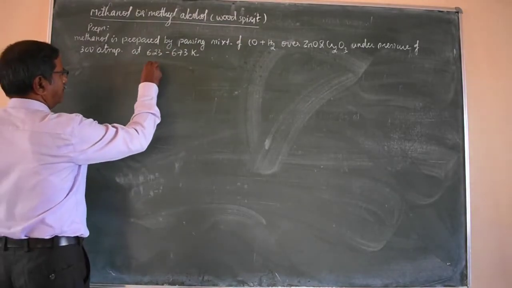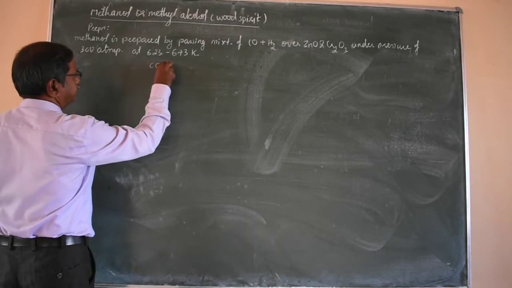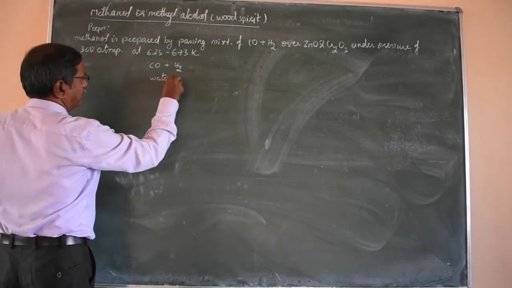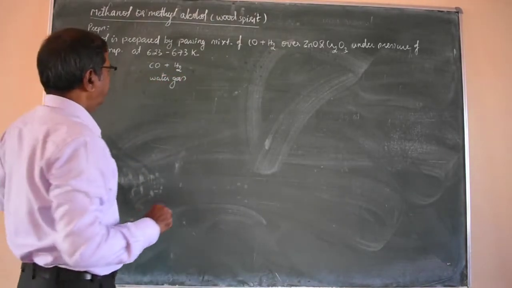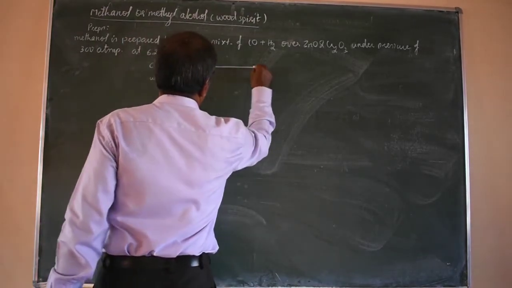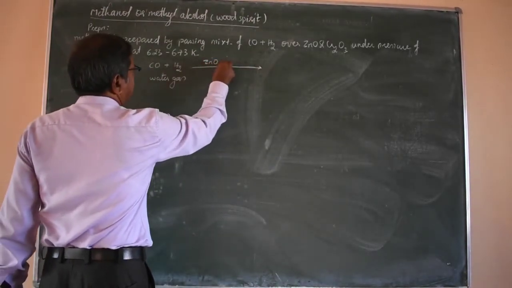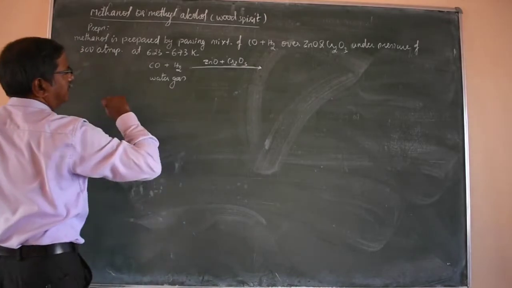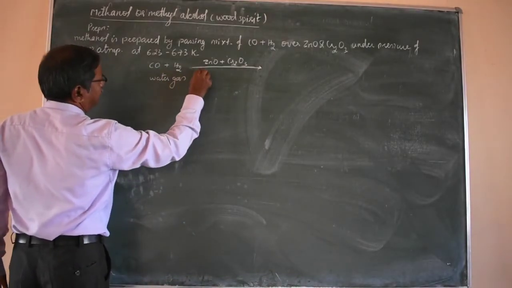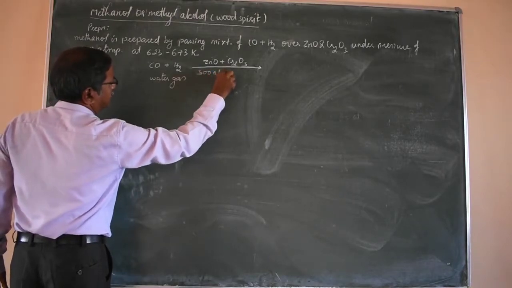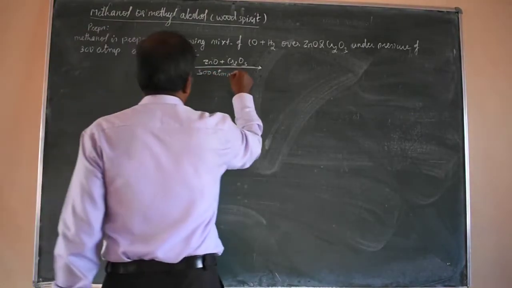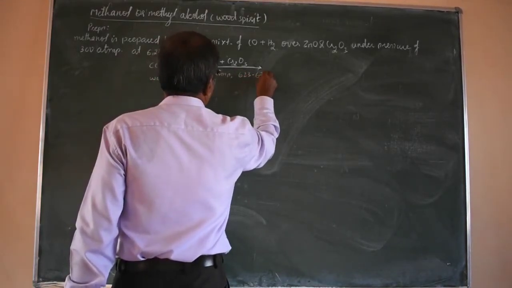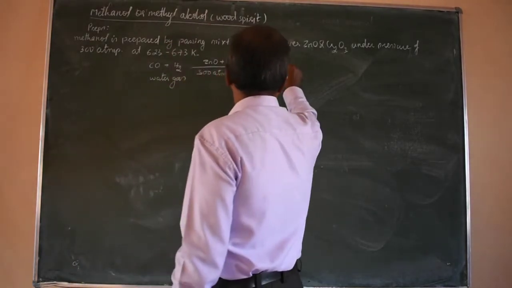So the equation is a mixture of CO and H2, also called water gas, when it is passed over ZnO plus Cr2O3 under a pressure of 300 atmosphere at a temperature of 623 to 673 Kelvin. The product is CH3OH.